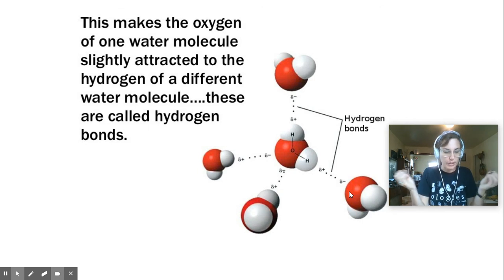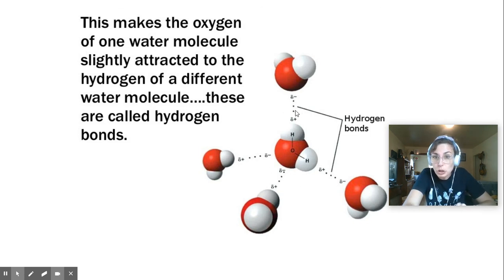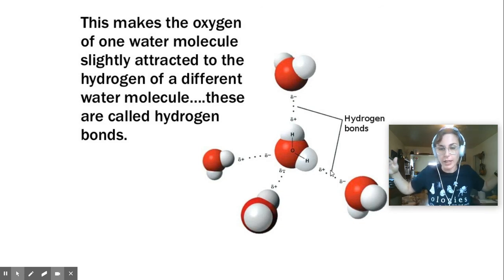Okay, so these little mini bits of gluing together are why, if you jump into water and you belly flop, you smack the water, right? Because it's kind of glued together, very weakly.